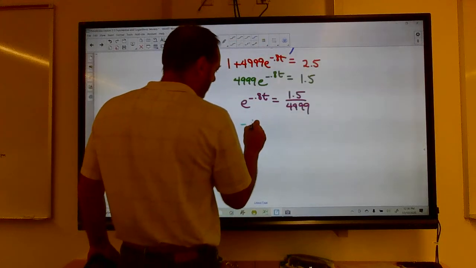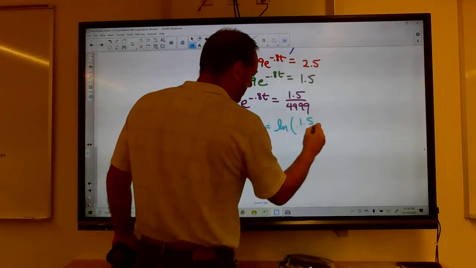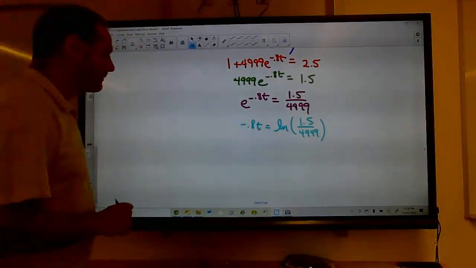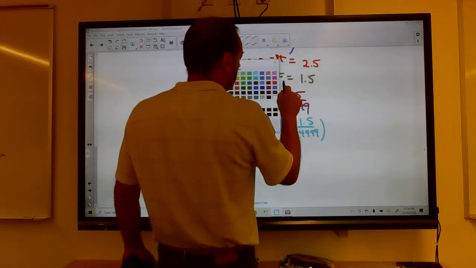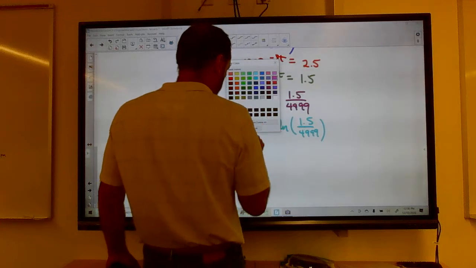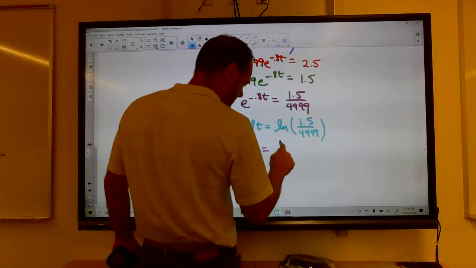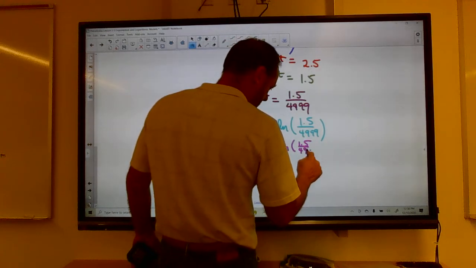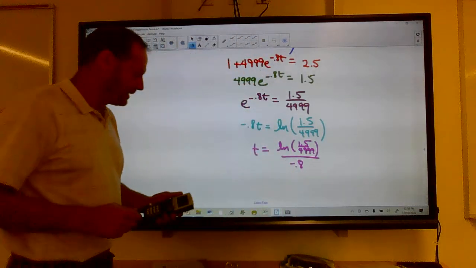So negative 0.8t is the natural log of this number. And then I'm going to divide by negative 0.8. And we'll see what that is.